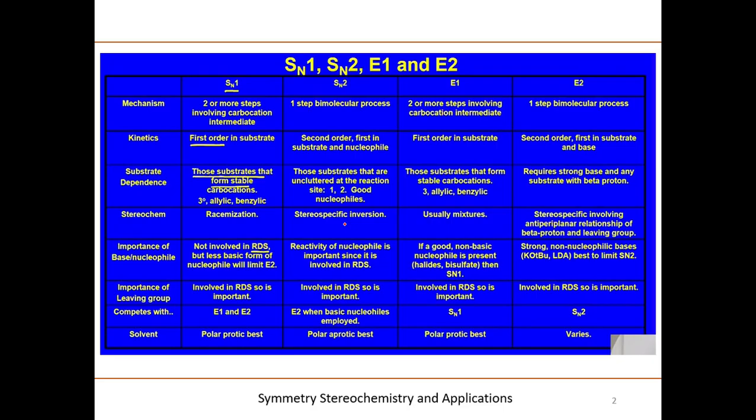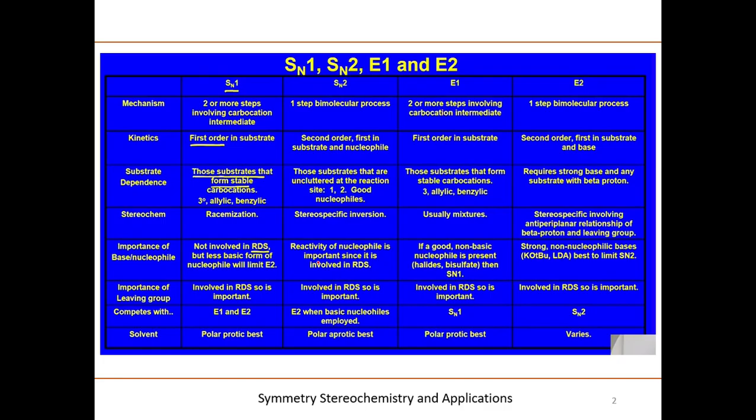In this reaction the reactivity of the nucleophile is very important, since the rate determining step involves the concentration of nucleophile. Whereas in case of SN1 it was not that important, because the reaction rate depended only on the concentration of alkyl halide. That's why in SN1 nucleophilicity did not matter that much.